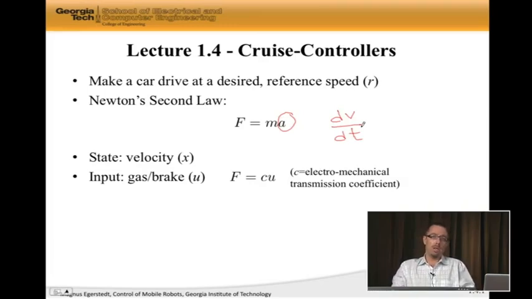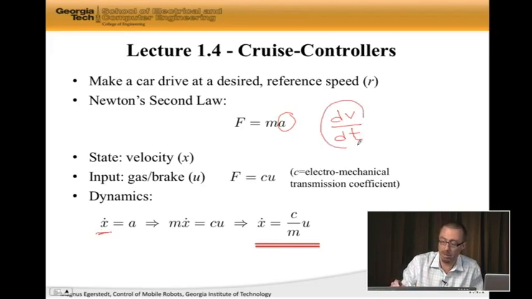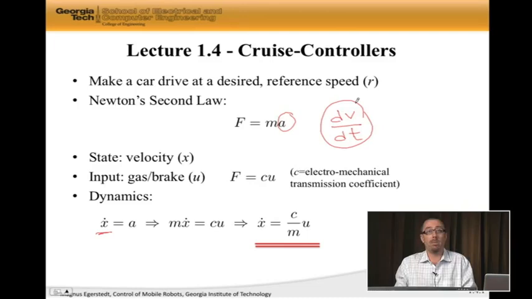So now we know that the force is c times u, but it's also the mass times the acceleration. So x dot, which is the same as dv/dt, is a, which means that m times x dot is equal to the force, which is c times u. So that tells me directly that x dot is c over m times u.